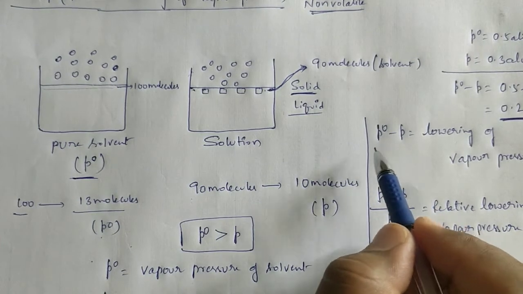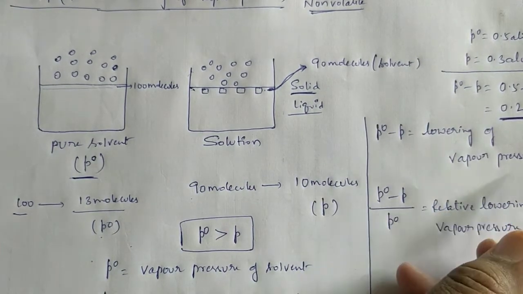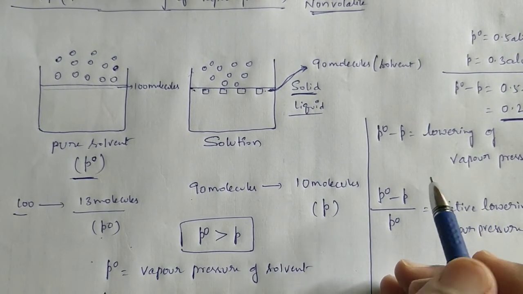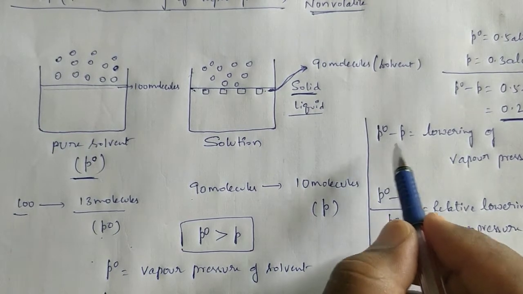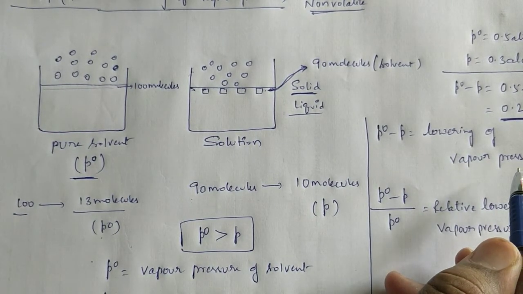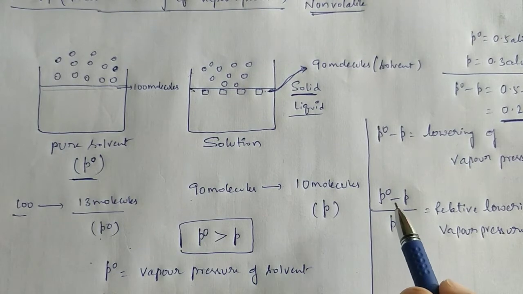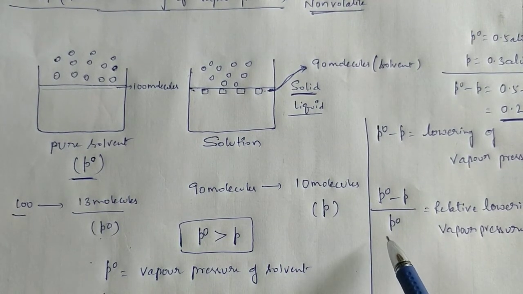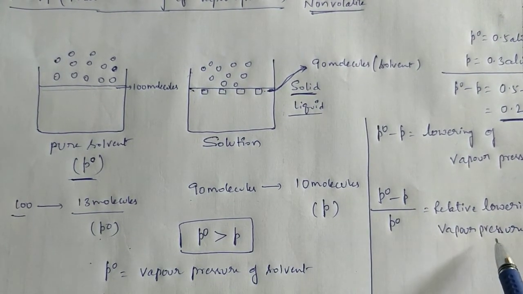How much the vapor pressure is decreased, that is called lowering of vapor pressure only. But how much the vapor pressure is decreased with respect to P0, that is called relative lowering of vapor pressure.